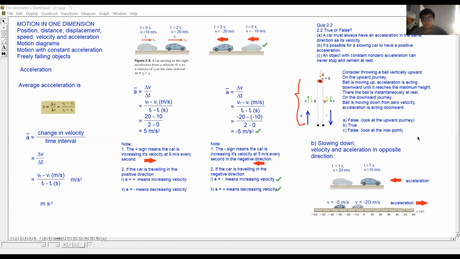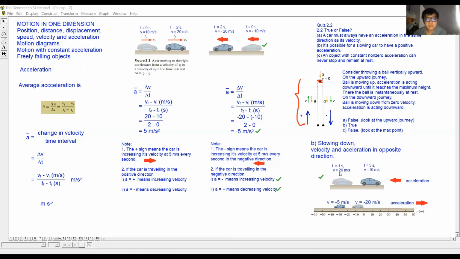Now let us consider this car here. Let me make this one get by this one. Okay, I'm looking at this one here. Slowing down: the velocity and the acceleration in opposite direction. Now, what does this mean? You see, the car is moving from left to right.